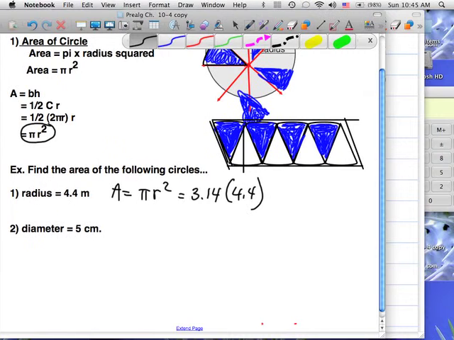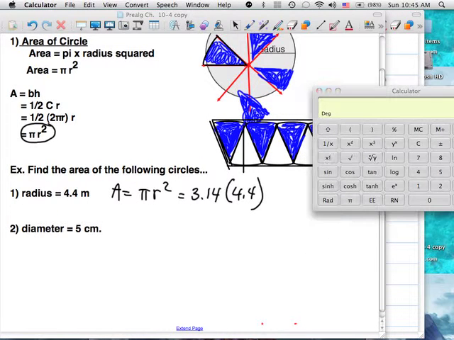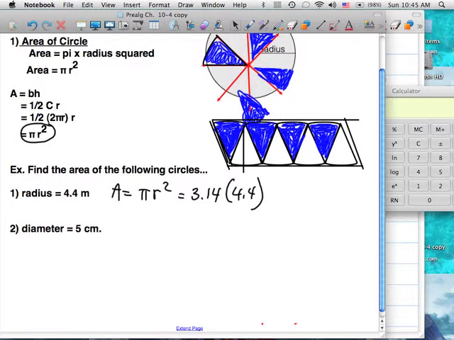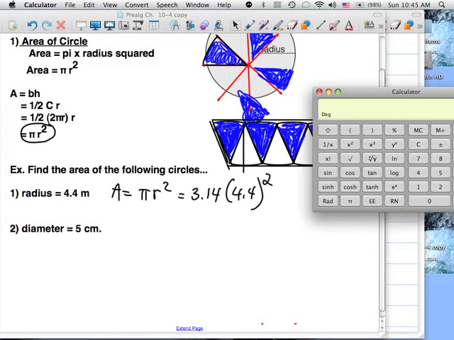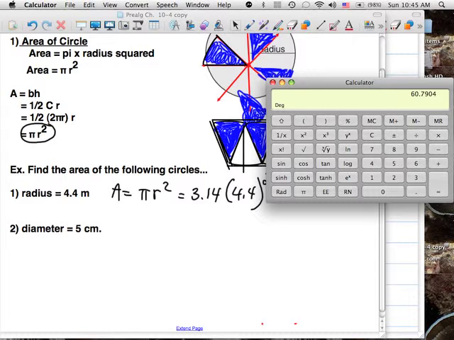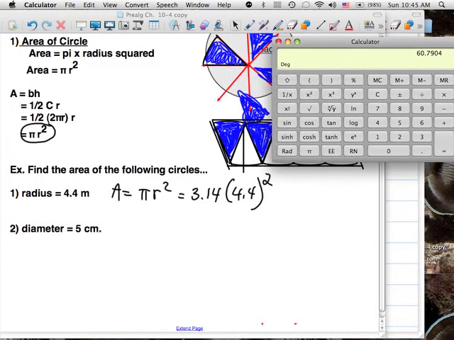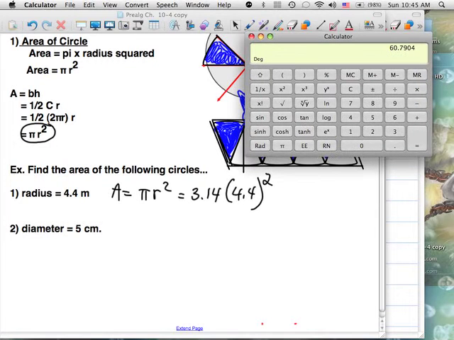And I use the calculator. So it'd be 4.4 squared first, and then times that by 3.14. And I get 60.7904. And checking the book, they round for the most part to the nearest tenth, so the answer here would be 60.8.